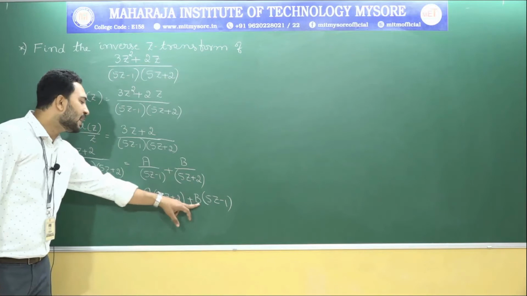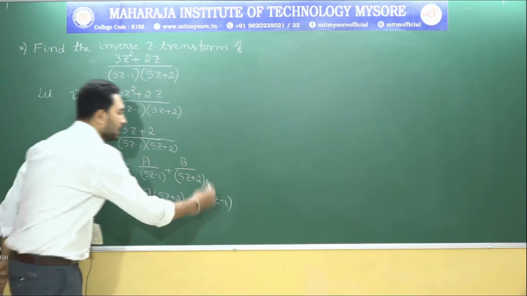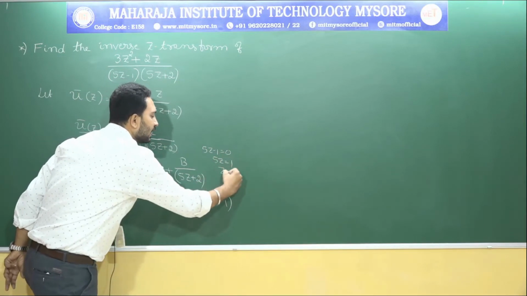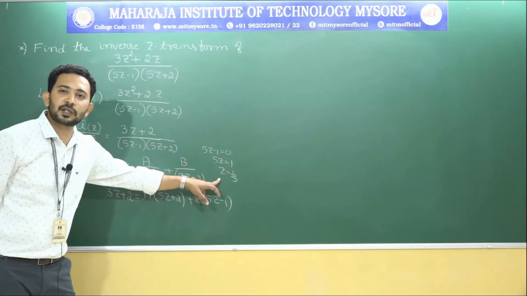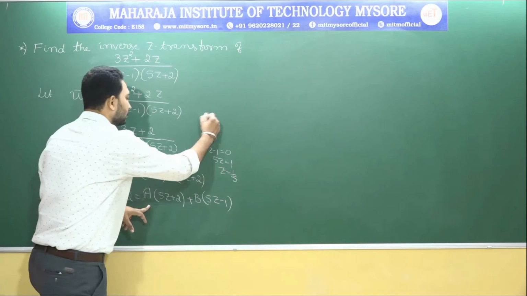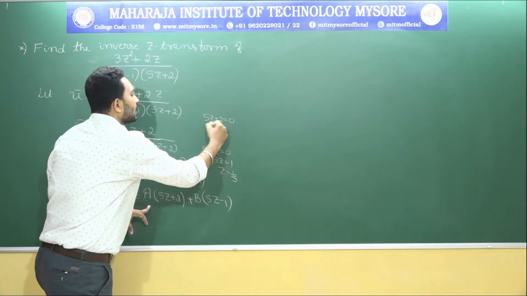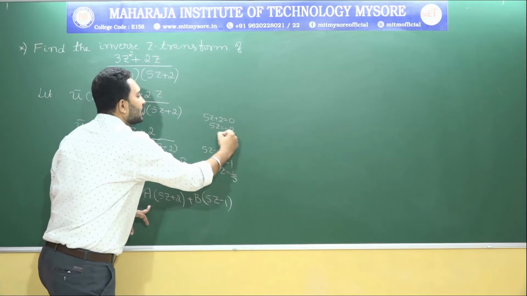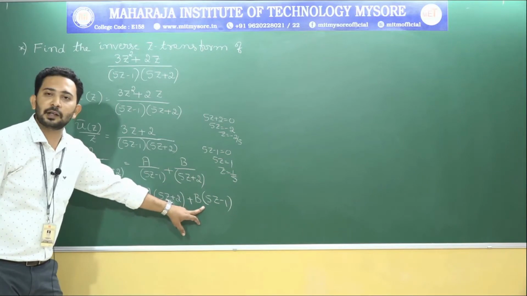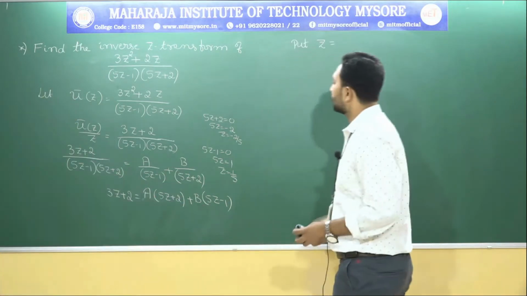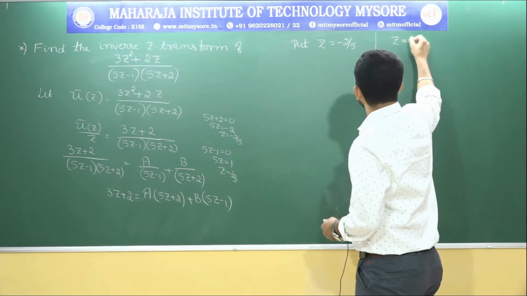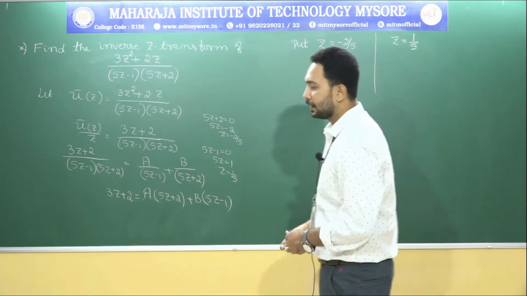To make B 0, we need 5Z minus 1 equals 0, 5Z equals 1, Z equals 1 by 5. So put Z equals 1 by 5, we'll get the value of A. If we put 5Z plus 2 equals 0, 5Z equals minus 2, Z equals minus 2 by 5, we'll get the value of B.